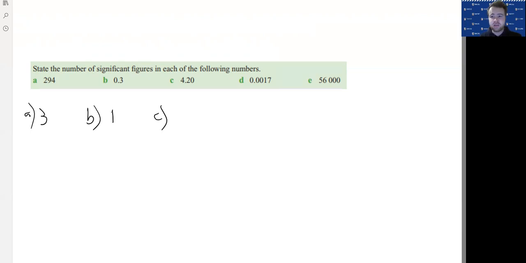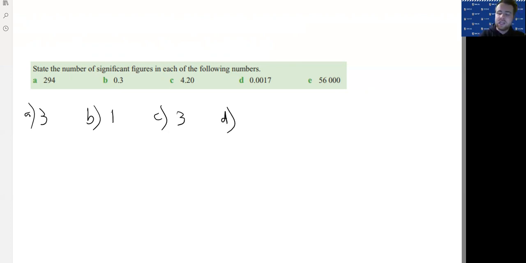That's the range of values. If it was just 4.2 without the 0, then it could be anywhere between 4.15 and 4.25. So you see that 0 actually narrows the range of possible values, and therefore it is significant because it shows the precision of the number. So this has 3 significant figures.